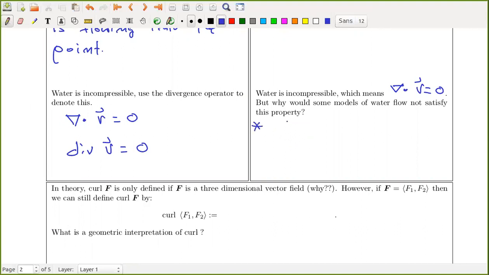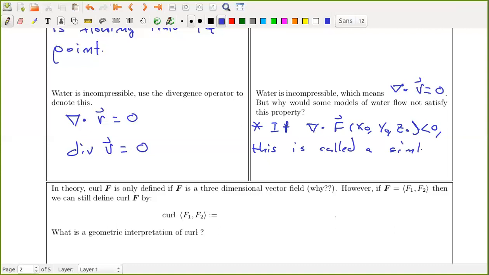If the divergence at a point x naught, y naught, z naught is less than 0, this is a sink. We call this a sink all the time, and it could represent a drain, for example.